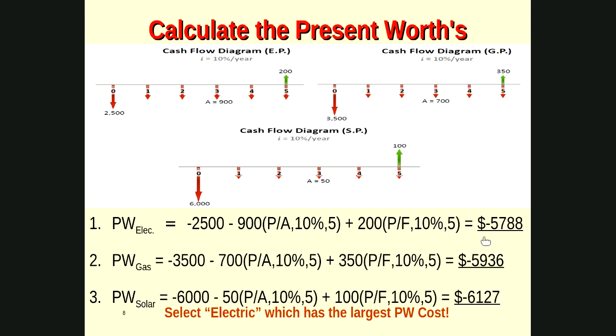All of them are in minus. So if they are all in minus, we select the largest. The largest means the least minus. Okay. Fine.